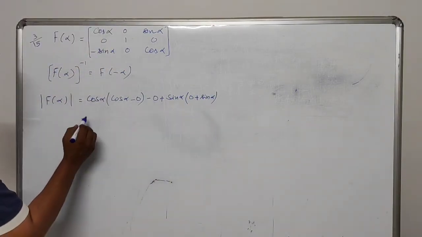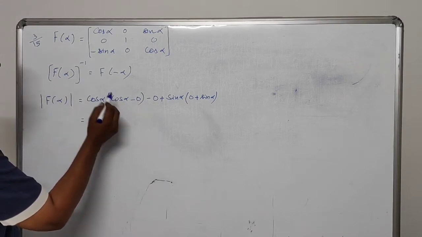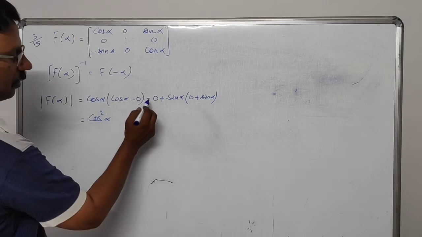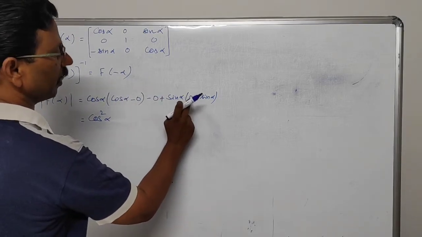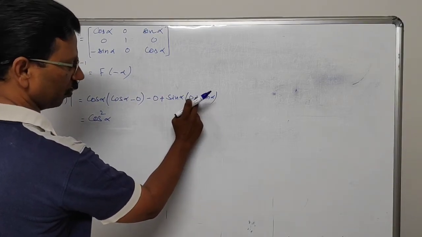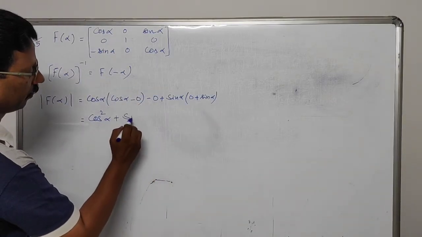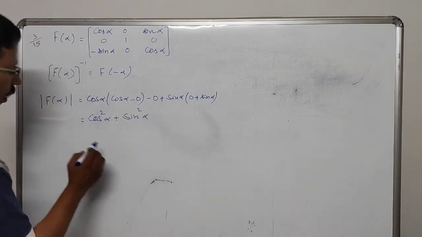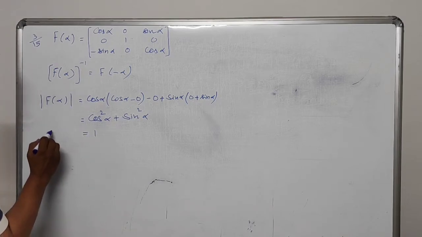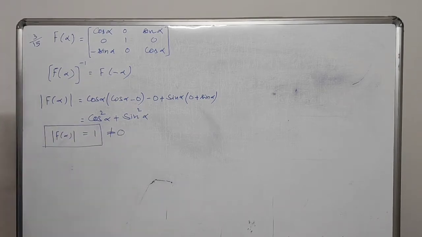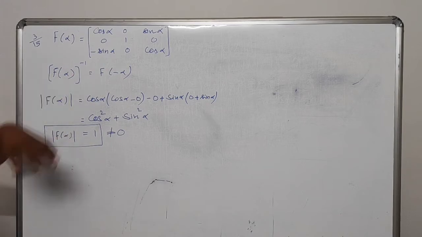Which is equal to cos alpha into cos alpha, cos square alpha, then this vanishes. Then 0 plus sin alpha into sin alpha, plus sin square alpha, which is equal to 1. Now we can say the determinant of F of alpha is equal to 1, which is not equal to 0. Hence, F of alpha whole inverse exists.